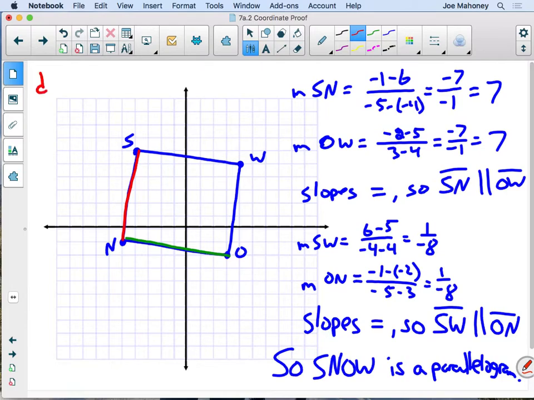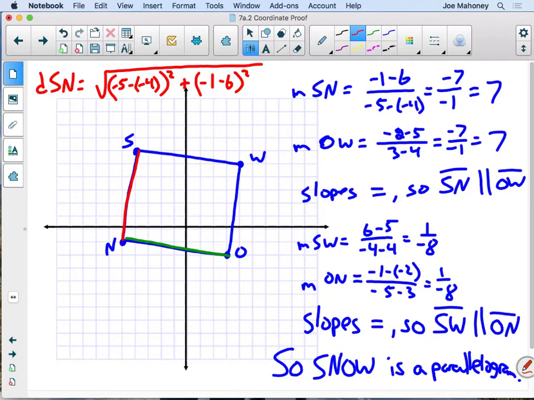I'll do the distance for side SN. I'm going to do a big old distance formula here. I subtract my x values and square it: -5 minus -4, squared. And then -1 minus 6, squared.